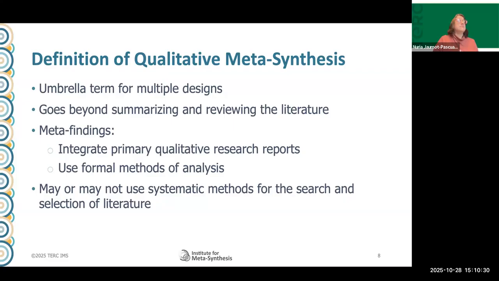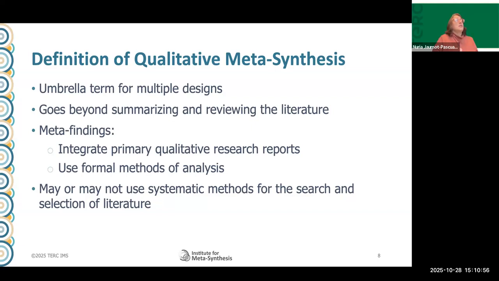Qualitative metasynthesis may or may not use systematic methods to identify the primary research literature that you will include in your project, depending on the design that you have selected for your work. What does systematic methods mean? It means that they are replicable methods to search and select the literature.